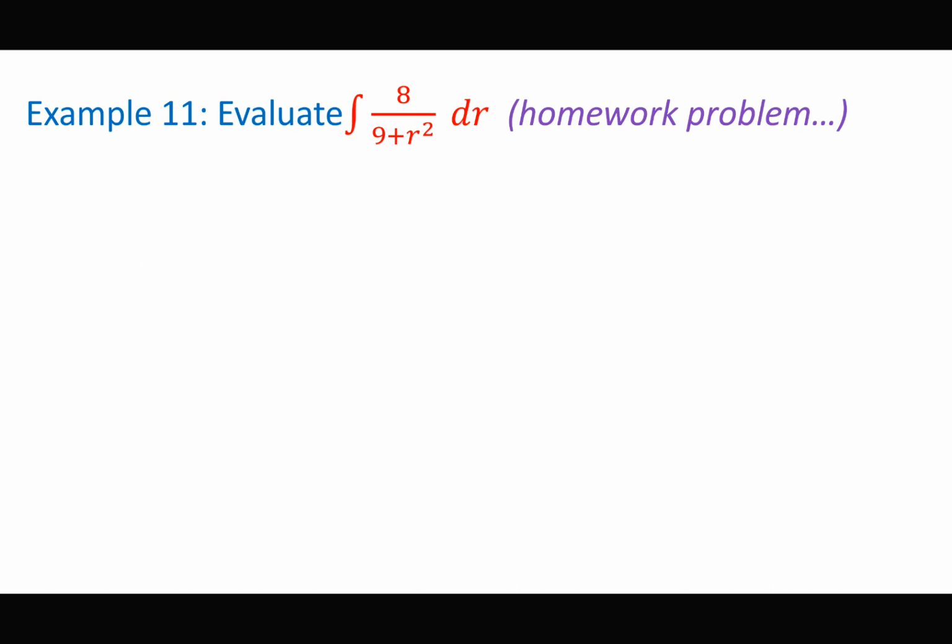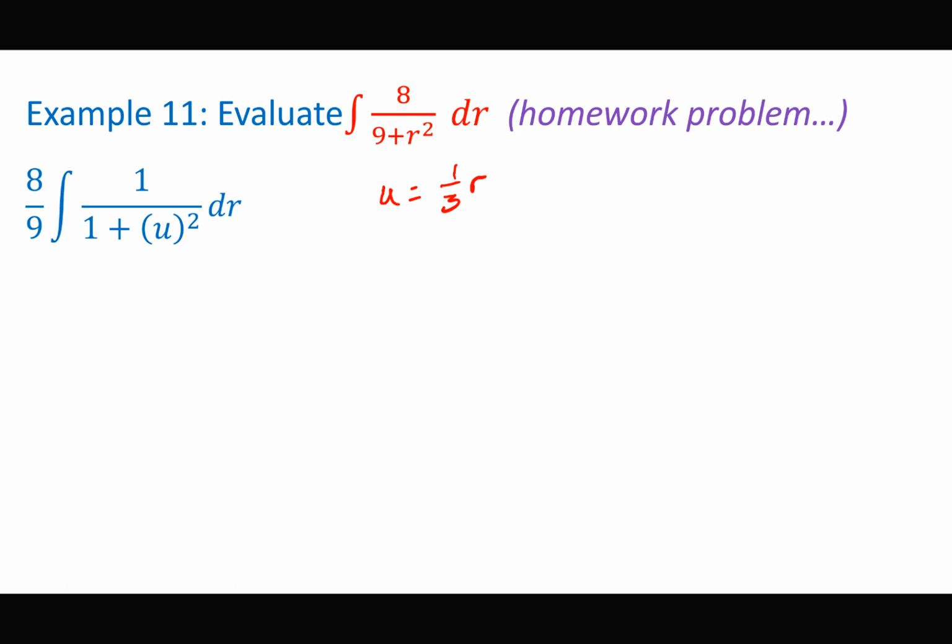So now, when my u is 1/3 r, I have an expression that looks like this: 1 over 1 plus u squared dr. So, correct.